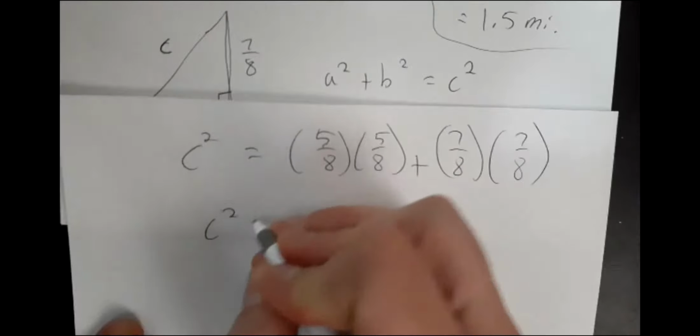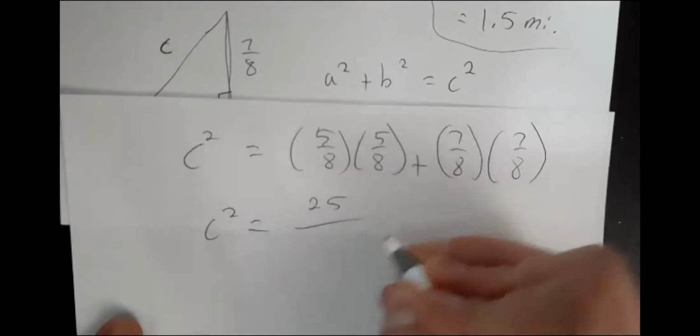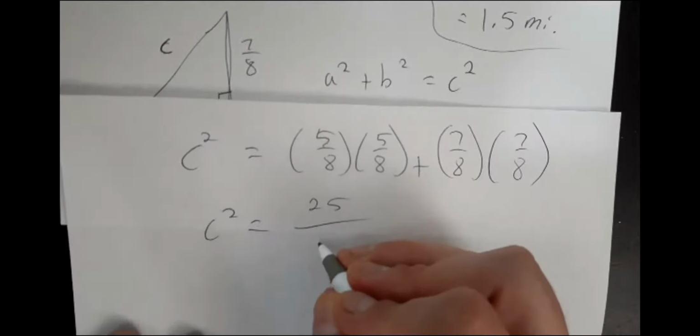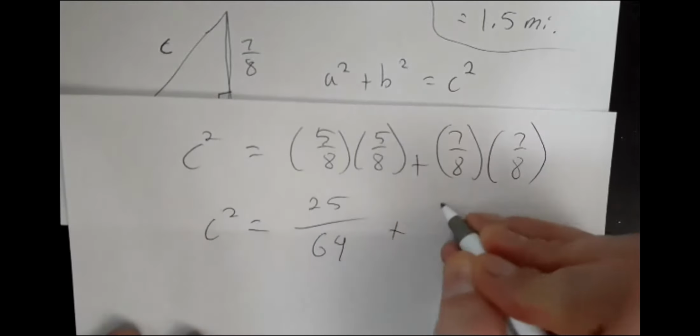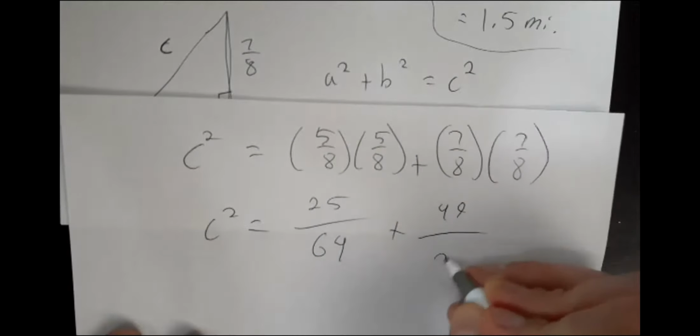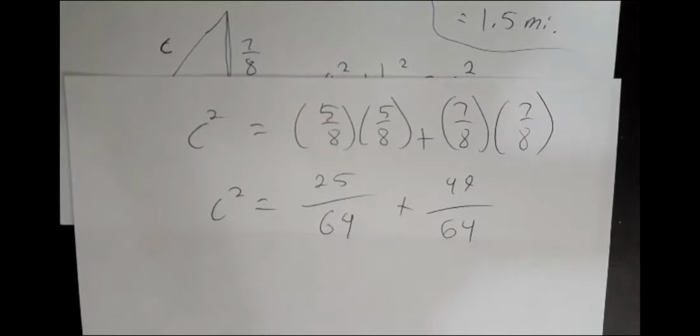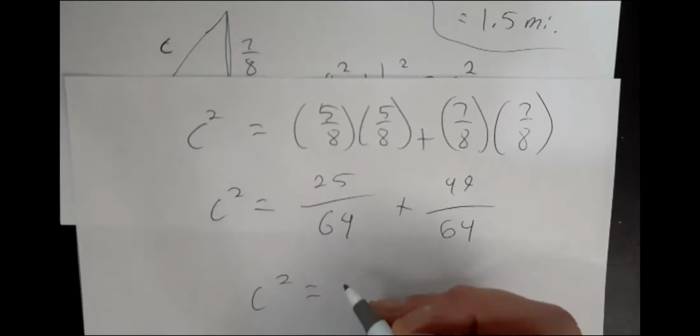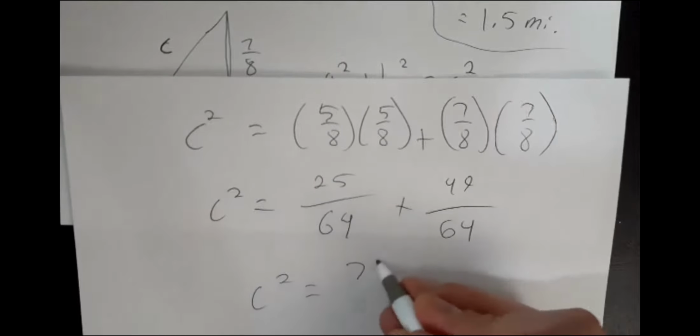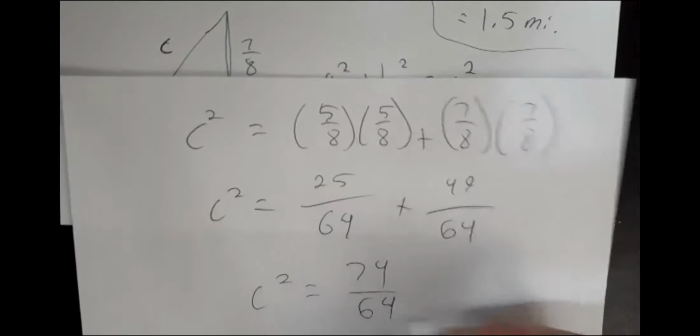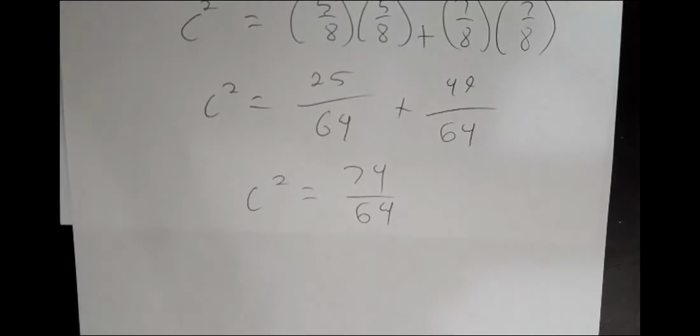I talked briefly about multiplying fractions: we multiply straight through the top and straight through the bottom. We do the same thing over here. This is 49/64. So my c squared is 74/64.